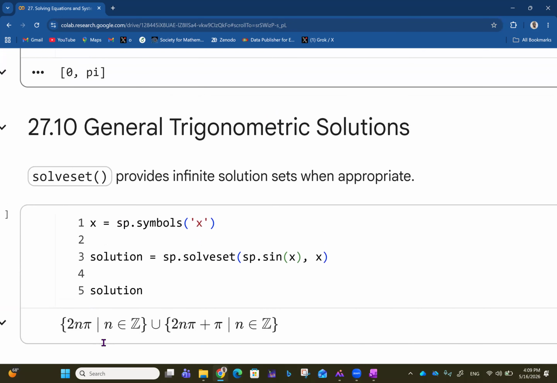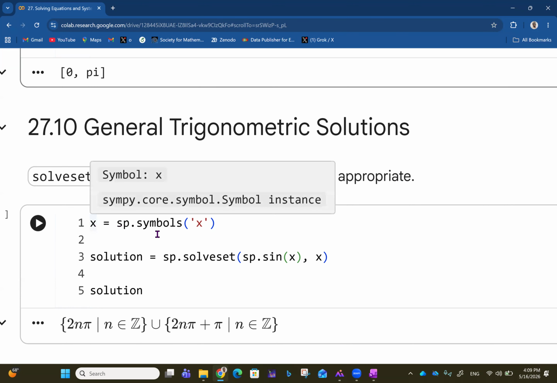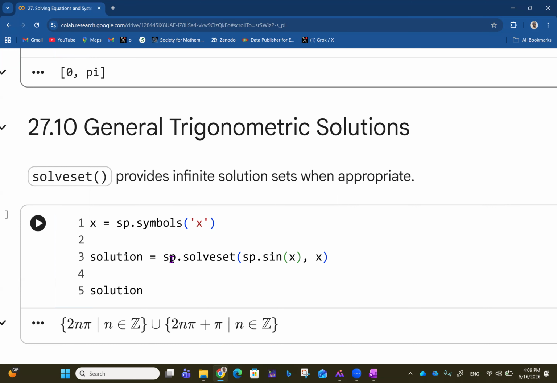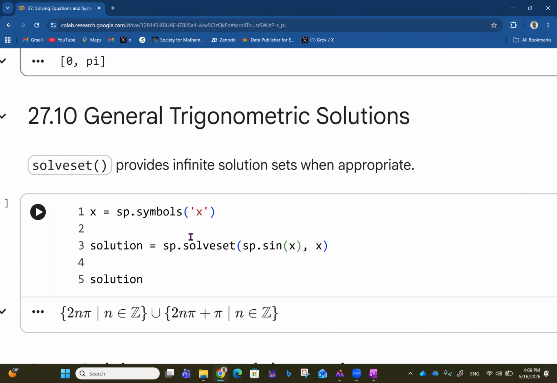So we talk about general trigonometric solutions now. Here you have solveset, which provides infinite solution sets when appropriate. So you have x is sp.symbols x. So the solution is sp.solveset. Instead of just solve that you've been using, so sp.solveset sp.sin x comma x. It gives you the infinite solution set when appropriate.